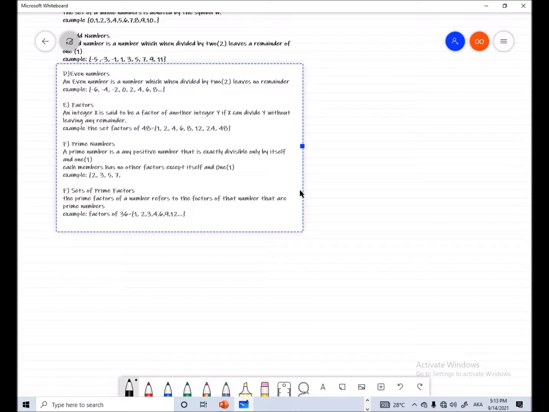Then we have 8, 9. 9 is not a prime number because 9 has a factor of 3. You get it? So we cannot use 9 as a prime number. When we talk of 11, yes, 11 is prime. 10 can't be because it has factors.